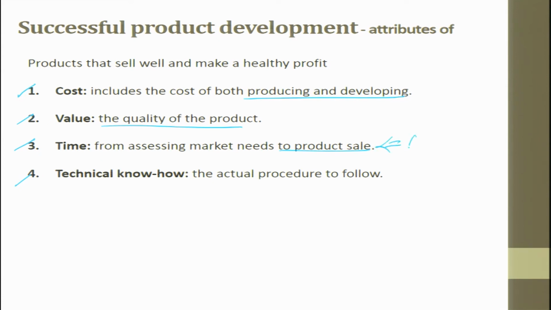This is where rapid manufacturing is talked about today, where we would like to reduce the time to a large extent. Technical know-how, the actual procedure to follow, should also be one of the attributes for producing a successful product. The products that sell well and make a healthy profit, if they give proper attention to these 4 attributes, can succeed.